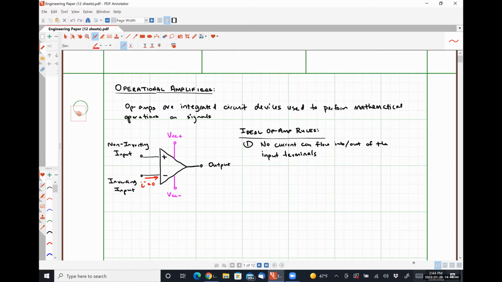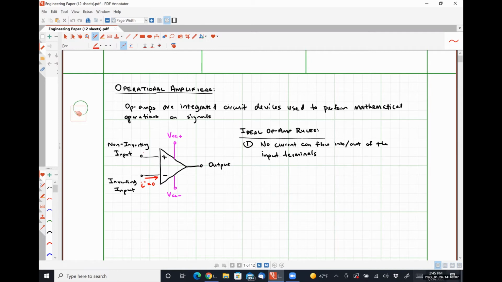I'm going to call this current I superscript minus, and that is the current flowing into the inverting input terminal. It is always 0 if we are analyzing a circuit that uses an ideal OpAmp, which is all we're going to talk about in circuits 1.